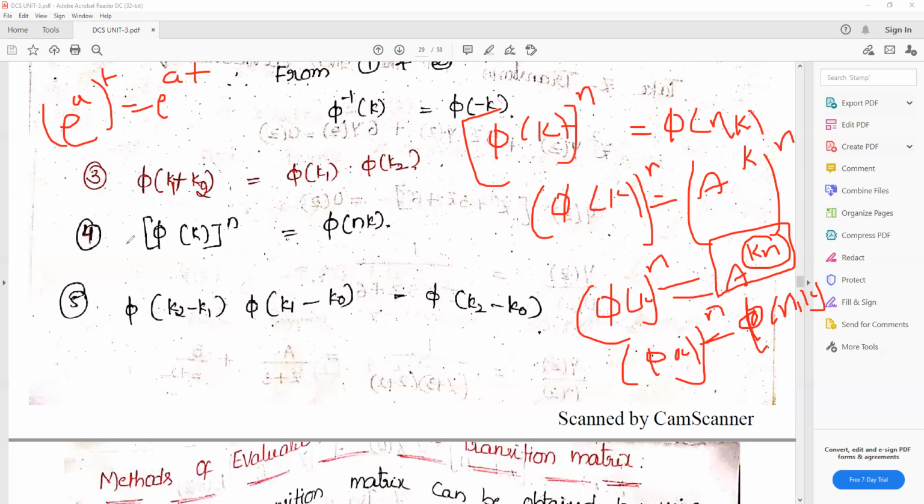And the last property is phi of k2 minus k1 into phi of k1 minus k0 is equal to phi of k2 minus k0.